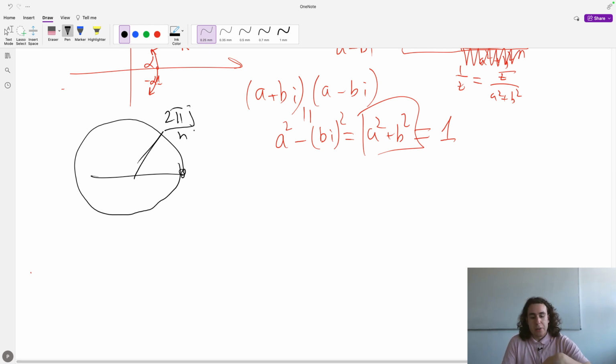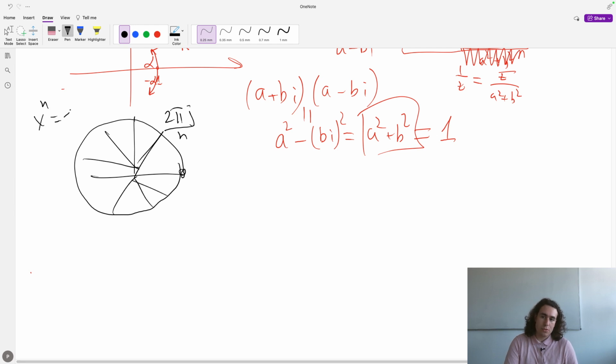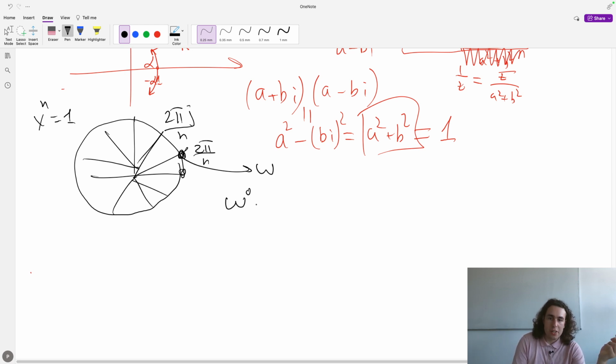And we evaluate our polynomial in all these points. These are the roots of x to the n is equal to 1. I want to say that there is the most basic root, which is 2 pi over n, so j is equal to 1. Let's call this value omega, and I want to say that all the other values are just omega to the 0, omega to the 1, omega squared, and so on, omega to the n minus 1.